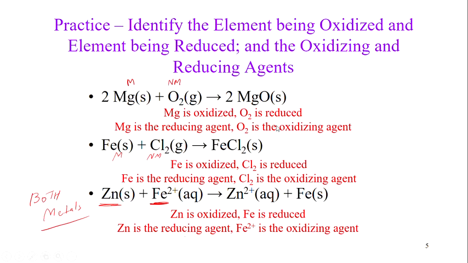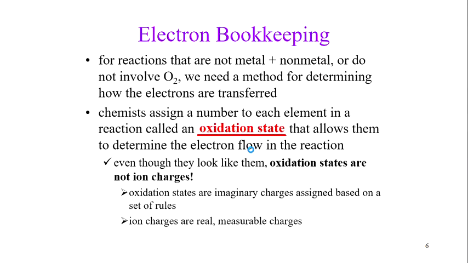So this is the basic definition we may have for this reaction. But assume that we do not have a case like the last example, zinc and Fe2 positive. So right now we are going to work on a new method. This method, we call the oxidation number method.